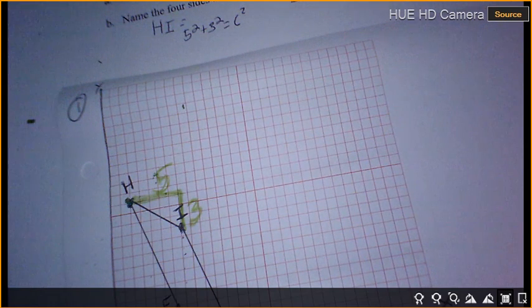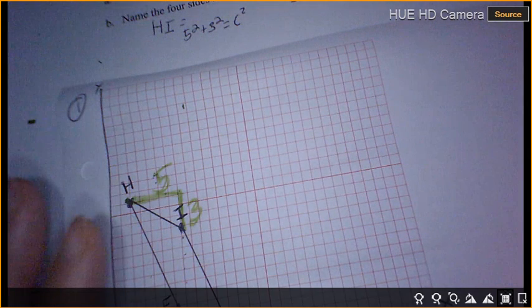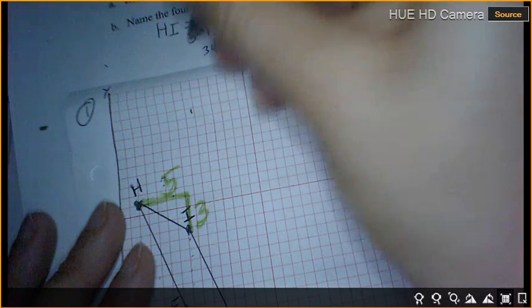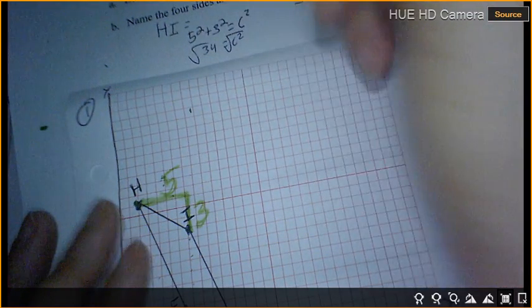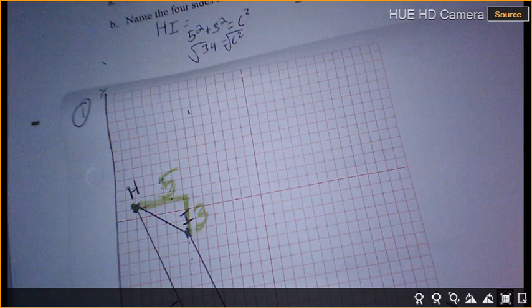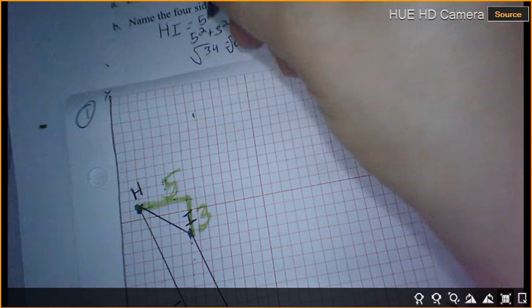And then I'm literally going to just put that in my calculator. 5 squared is 25, 3 squared is 9. I get 34 equals C squared, so I'm going to square root it. H to I is going to equal 5.8. I'm just going to round it to 1 decimal point. 5.8 is my answer.